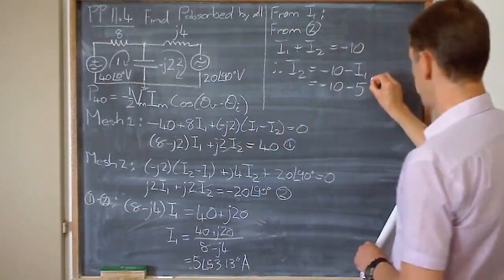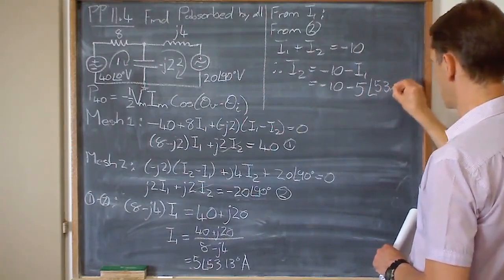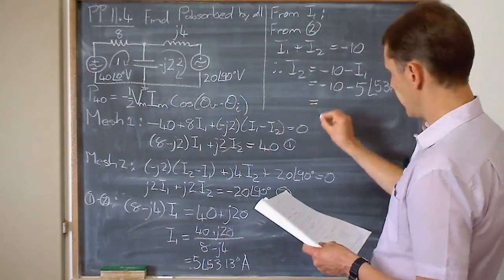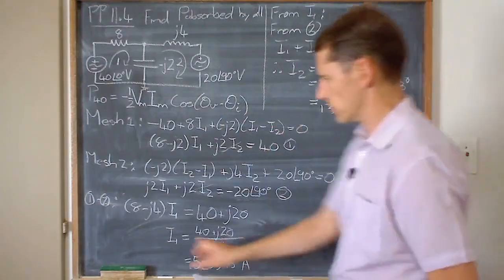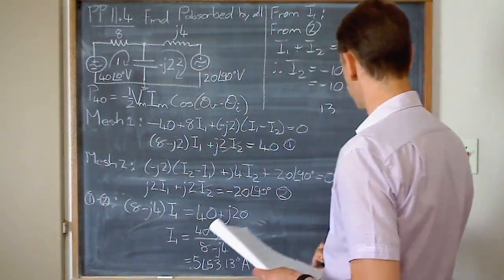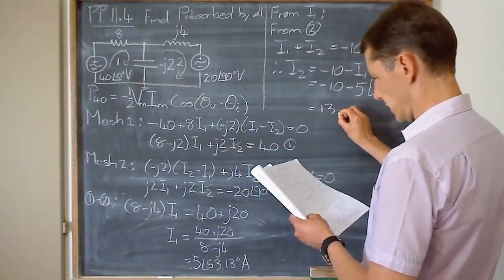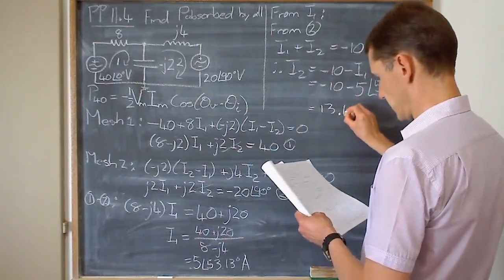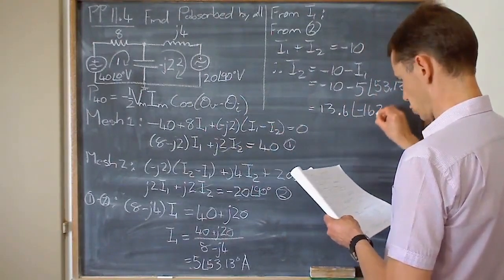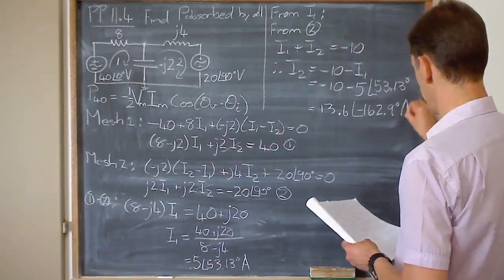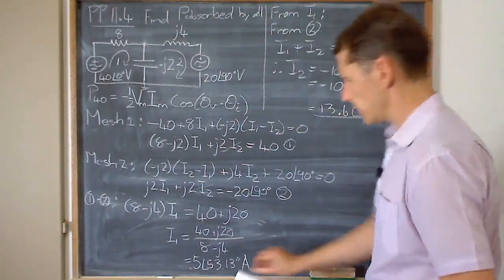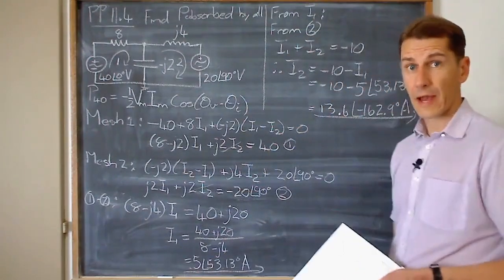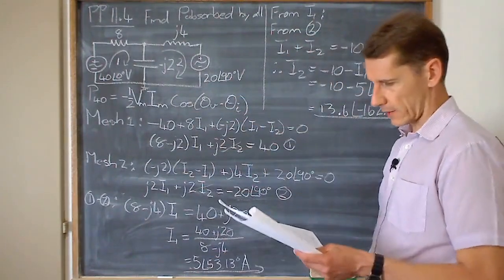Yeah, 5 angle 53.13 degrees, and that equals 13.6 angle minus 162.9 degrees amps. Right, so here's the one, there's the other one. Right, so that now gives me the currents that I need to go and calculate the powers.